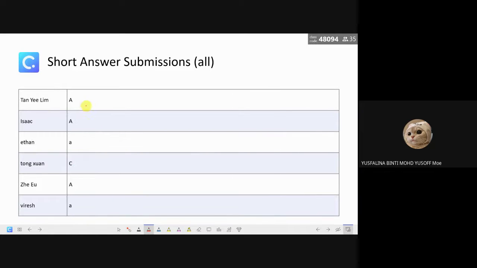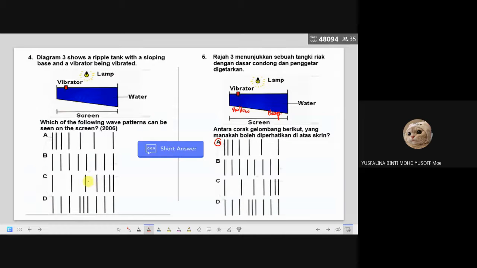Okay, Junkiat, why did you answer C? Let me check your answer. Shallow usually the wavelength is much closer, right? For the deep part, it is further from each other.